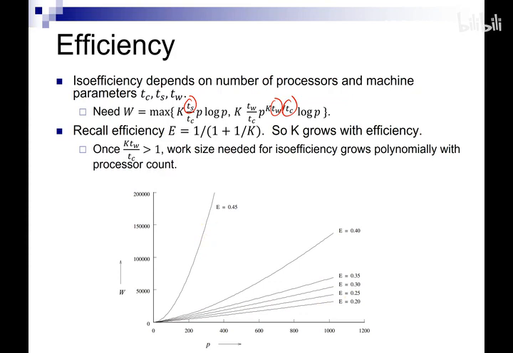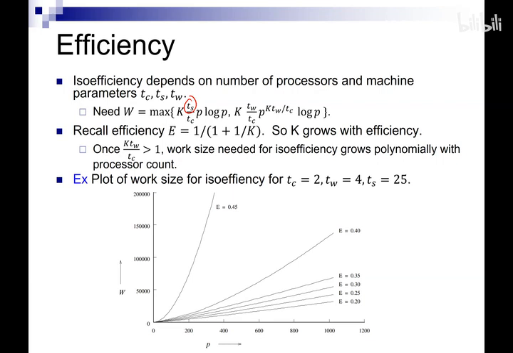In particular, it's going to be p to some power, where this power involves k. As you increase efficiency, k gets larger, and so this polynomial gets larger also. So that is the binary exchange algorithm, and this is the efficiency on a hypercube.